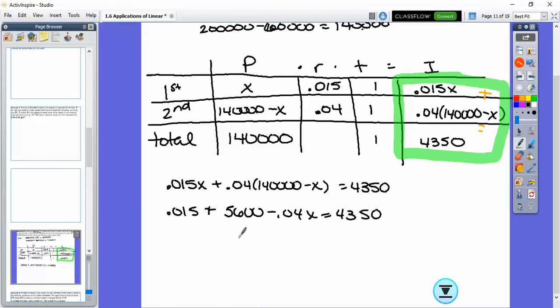You forgot the decimal. Thank you. Okay, so now we just combine like terms. So if you put your x's together, subtract over your 5,600.